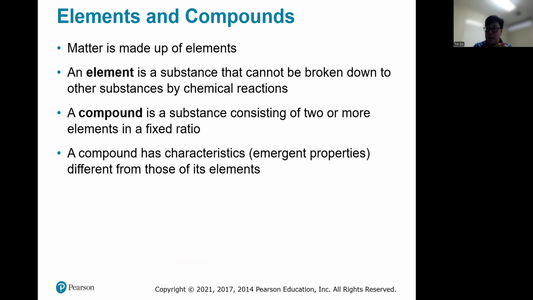If it's a carbon element, if you break it down, you have more carbon elements. I mean, there's nothing that we can distinguish in terms of one chunk from another. That is, in essence, the definition of an element. A compound, again, is more than one element combined together. And when we break them apart, then we can have one chunk having oxygen and the other chunk having carbon. So that is what constitutes a compound.